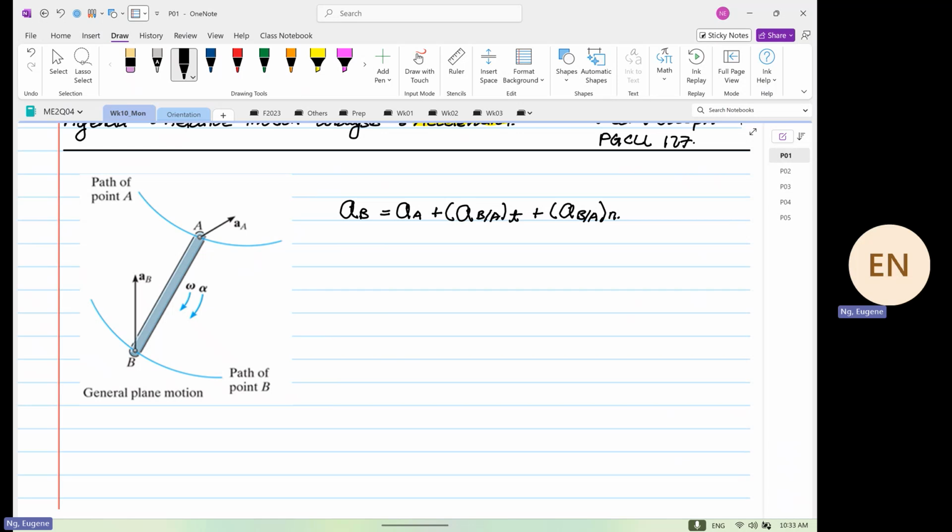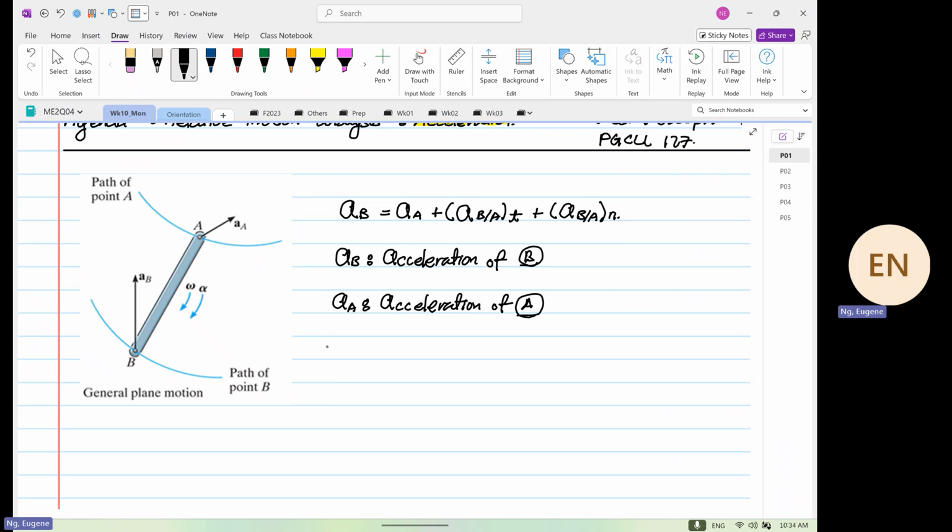So let me define some of these terms. a subscript B is the acceleration of point B. And then a subscript A, you have acceleration of point A. And you can see two new terms.